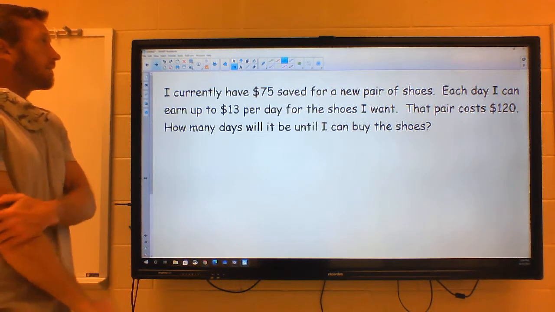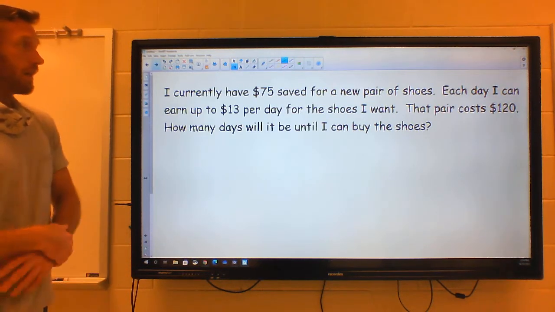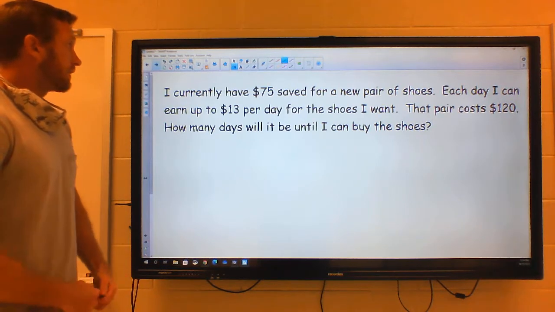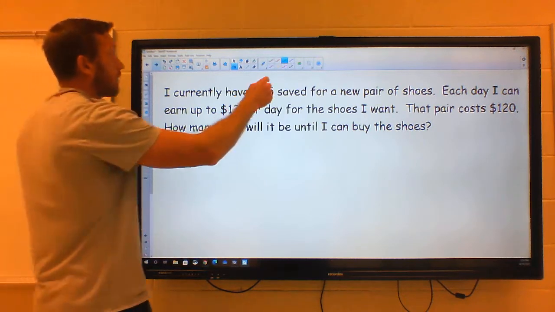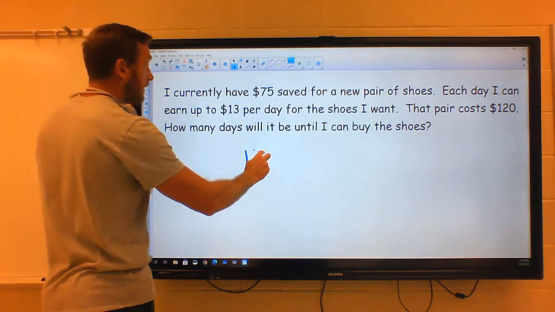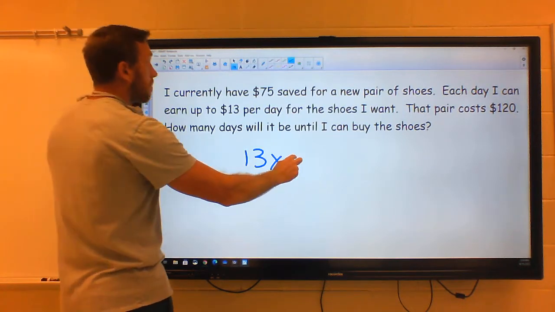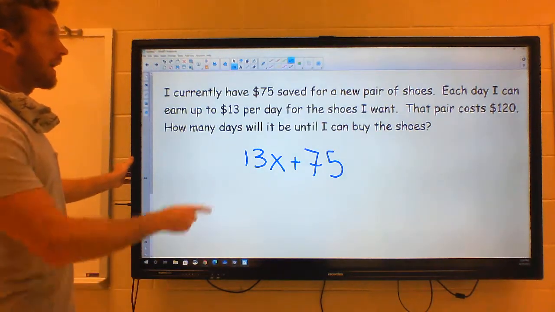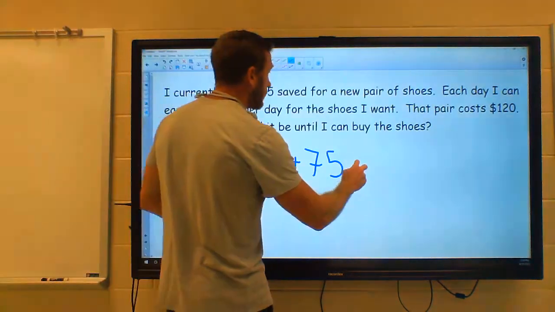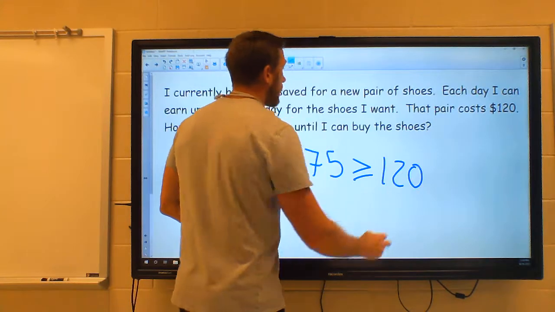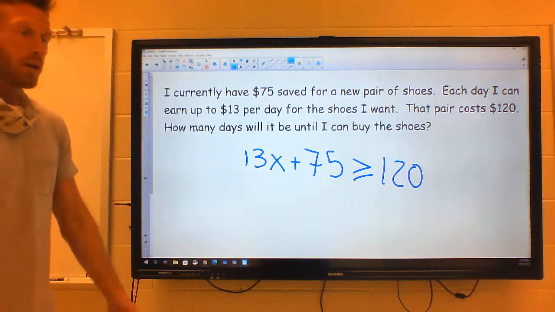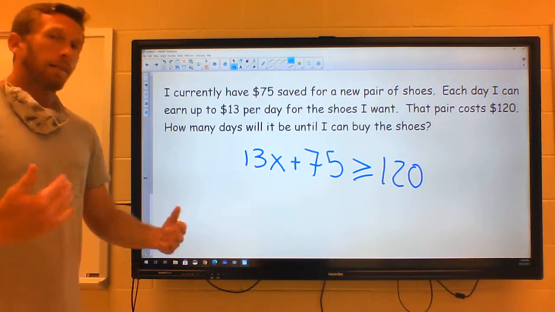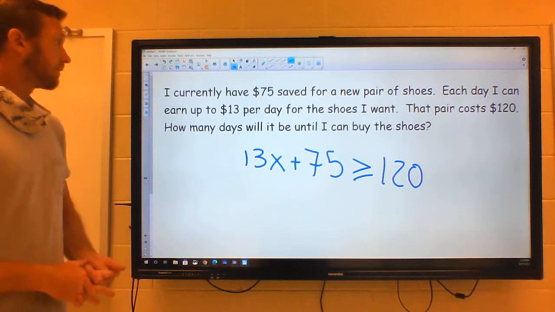I currently have $75 saved for a new pair of shoes. Each day I can earn up to $13 per day more. Okay, so $13 per day plus the $75 I currently have, and I need to have at least $120, right? Because I want to have enough money for the shoes. So I need at least $120.